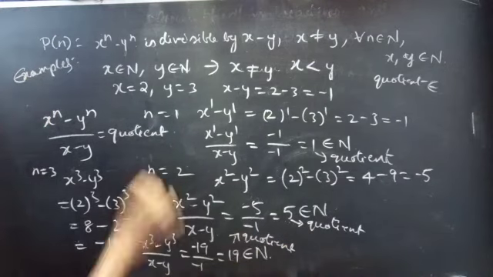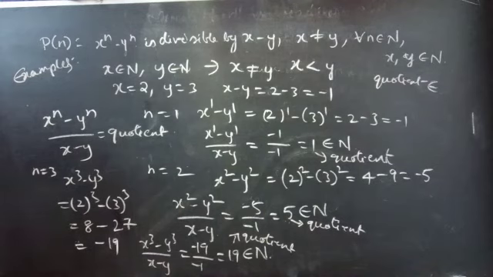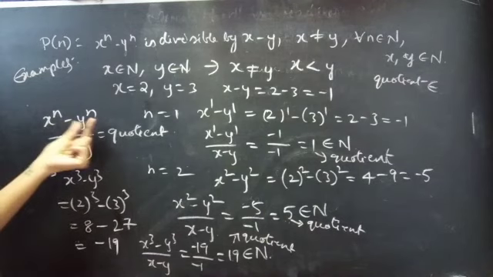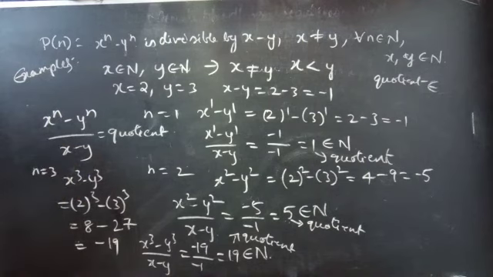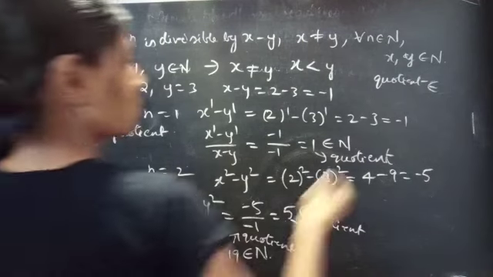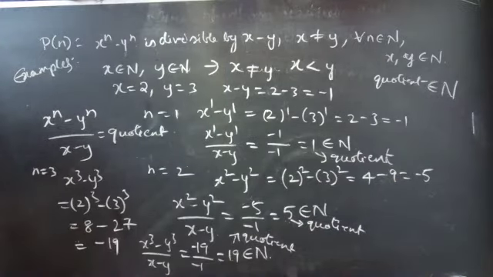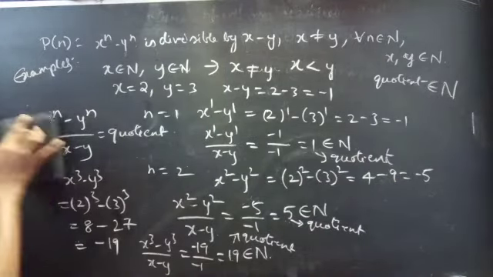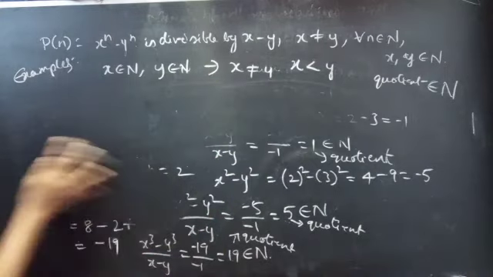So from this example we can say that the quotients obtained when x^n minus y^n is divided by x minus y, for some n which belongs to natural numbers, are natural numbers, right?